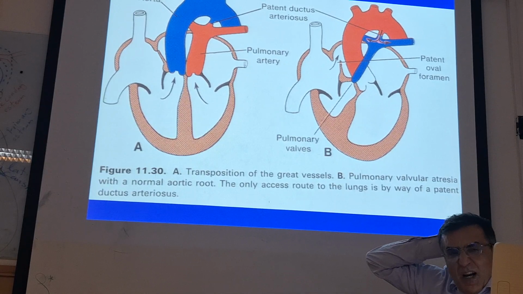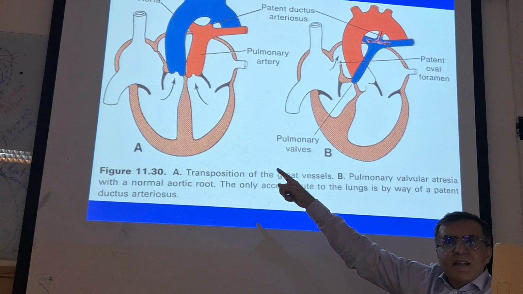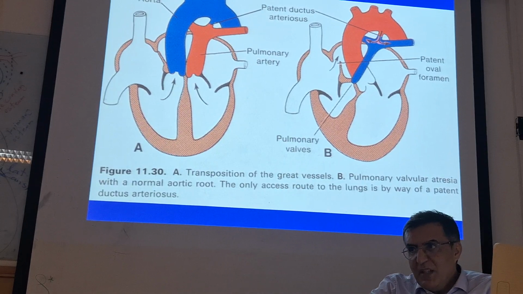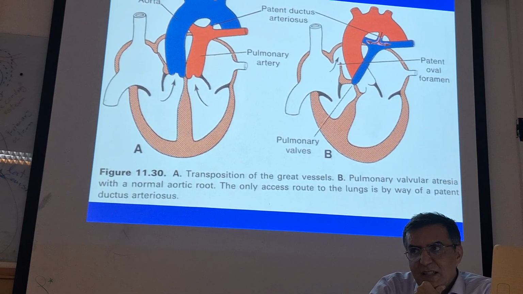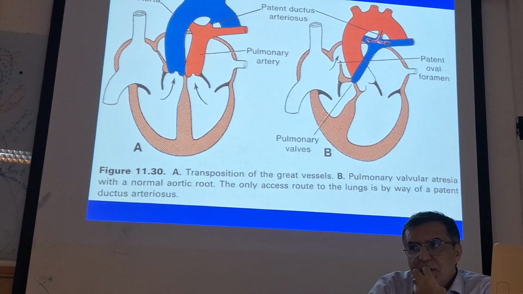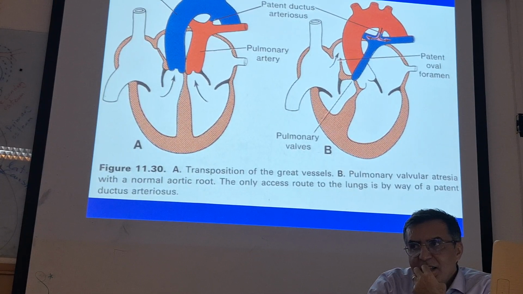Birth defect. Why does the aorta receive blood from the right side? Because of the septum. Which septum? In the truncoconal, truncus arteriosus.